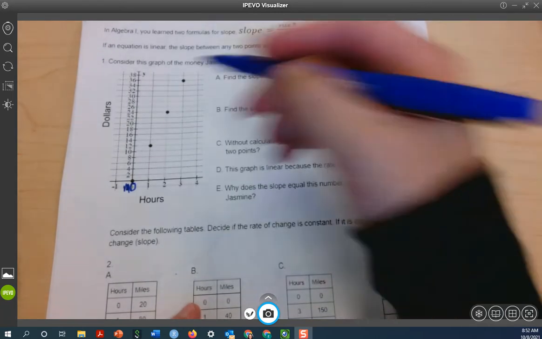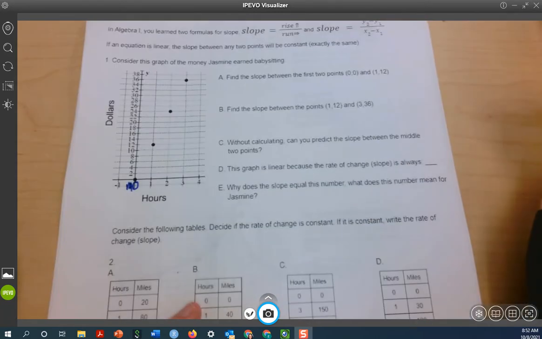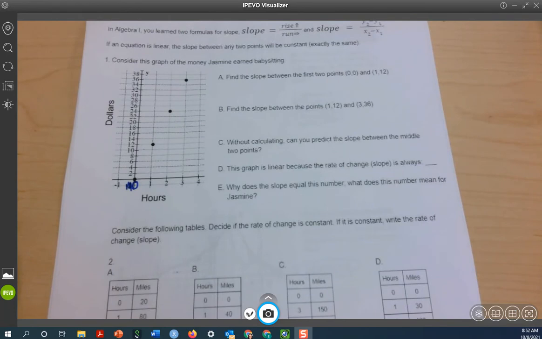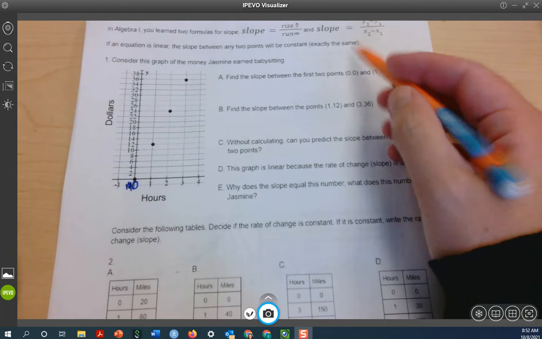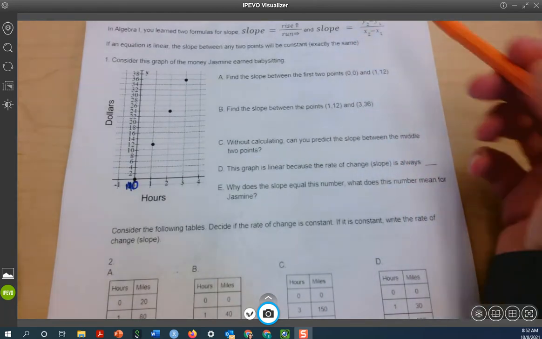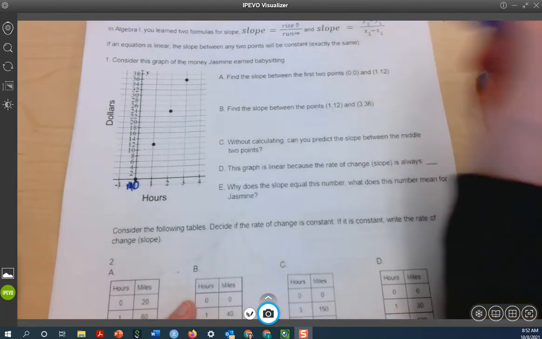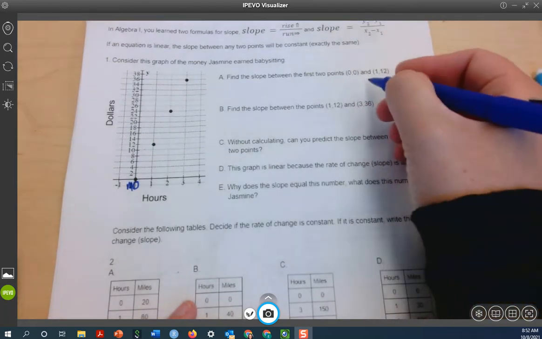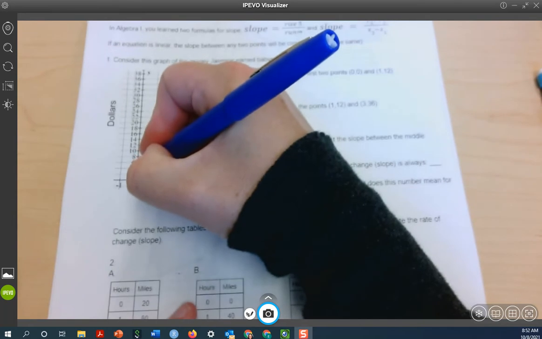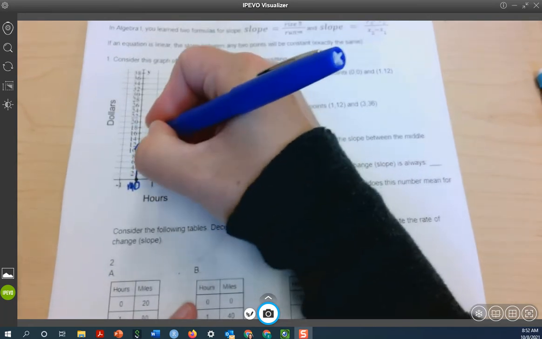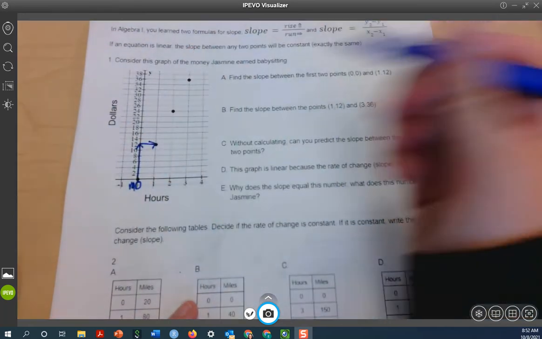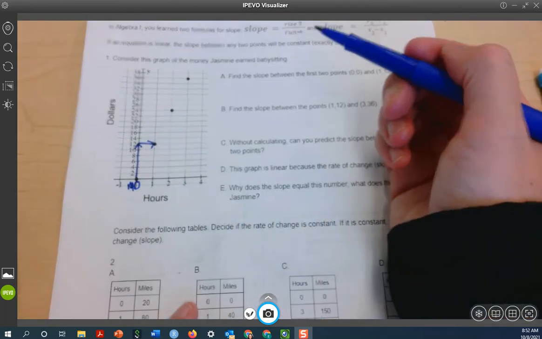And you can do that with the rise over the run, or you can do that with your slope formula if you like the formula. If you like the formula, there is nothing tricky. Oh, you know what's tricky about rise over run is that they're counting by 2s. If you like rise over run, let's just do the first one together. So 0, 0 to 1, 12. So I go up and I go over, but remember that you're counting by 2s, so you can't just count the boxes.